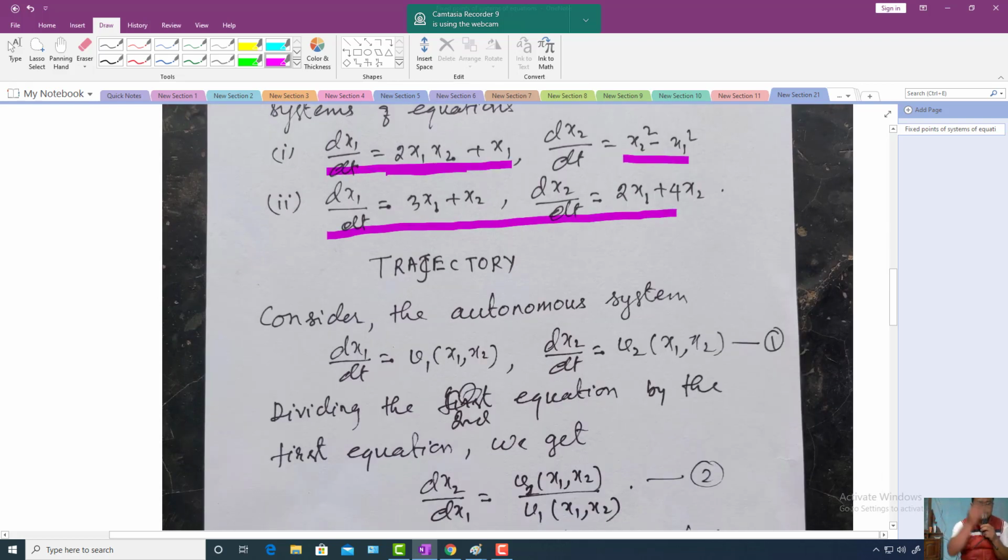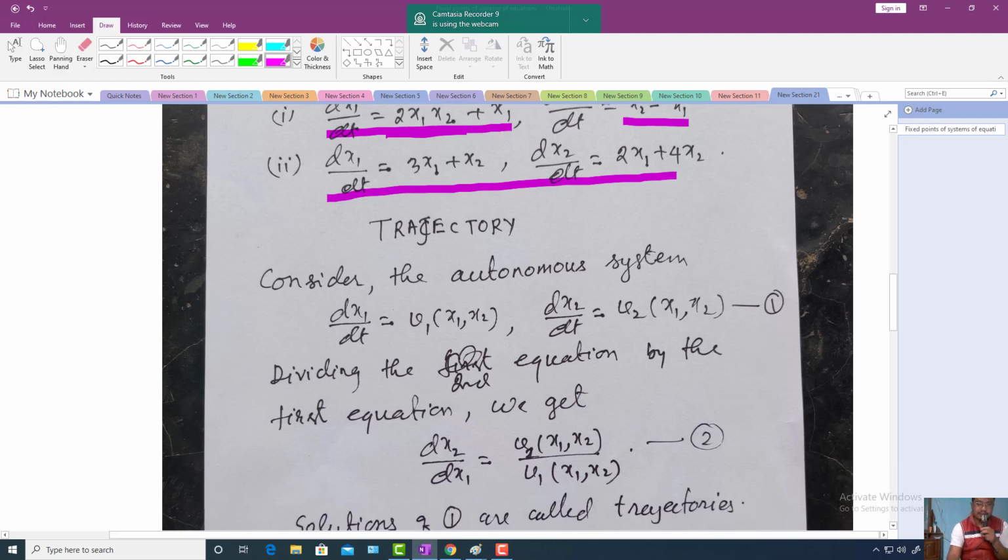Now let us come to the trajectory of the autonomous system. T is not involved here, and here also t is not involved. Such a system is called an autonomous system.